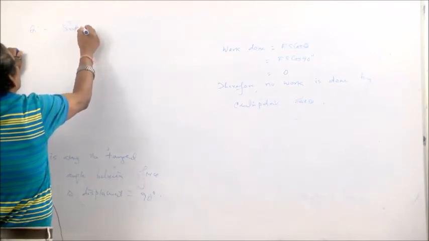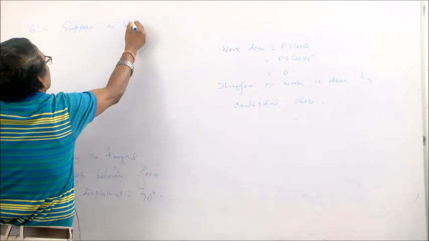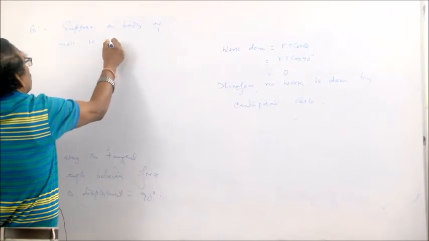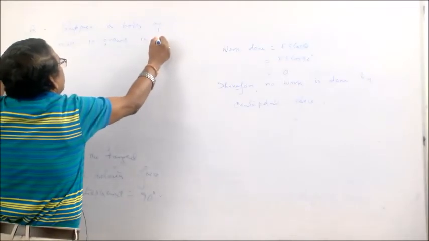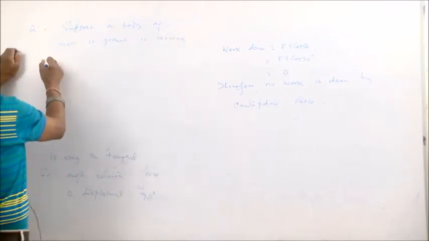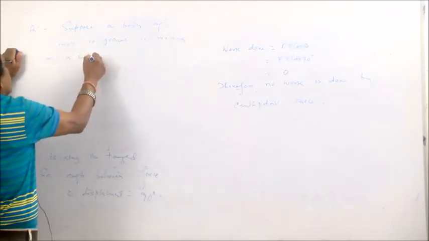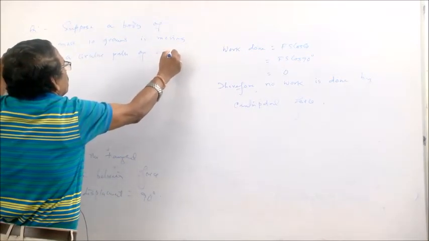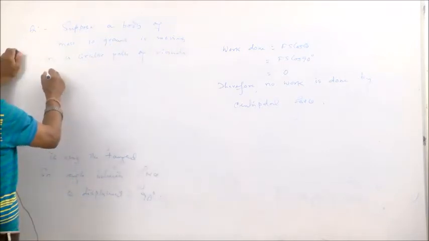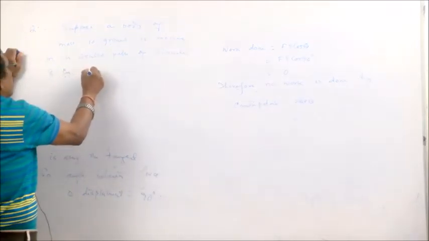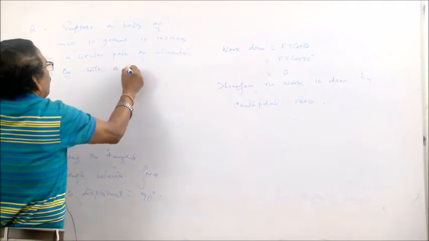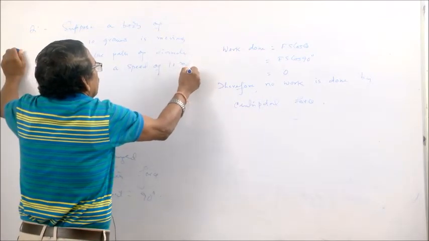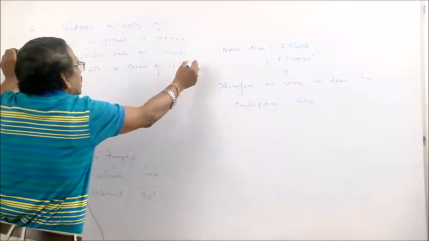Suppose a body of mass 10 grams is moving on a circular path of diameter 8 centimeter with a speed of 10 meters per second.